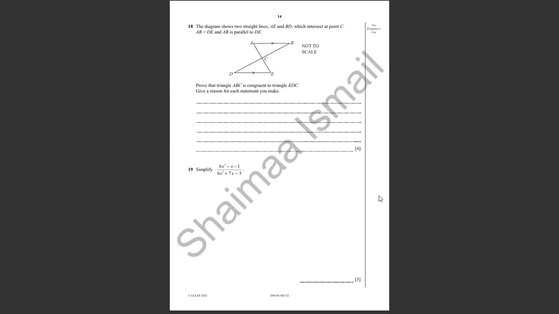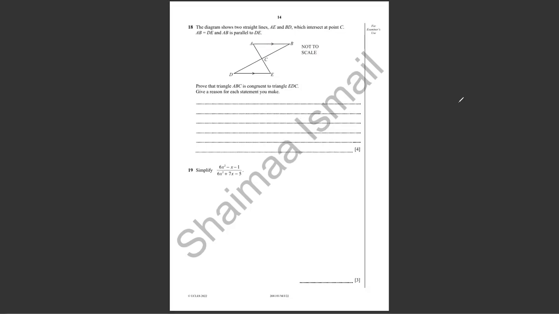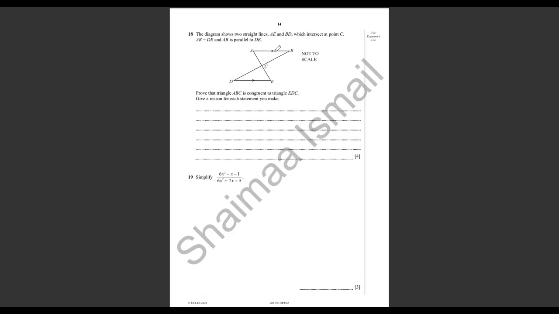Number 18. The diagram shows two straight lines, AEB and D, which intersect at C. Parallel lines. Applying directly the rules of the Z and the F, they have equal angles. For sure he will ask about these two triangles and how to prove they are congruent, equal in angles and equal in size.